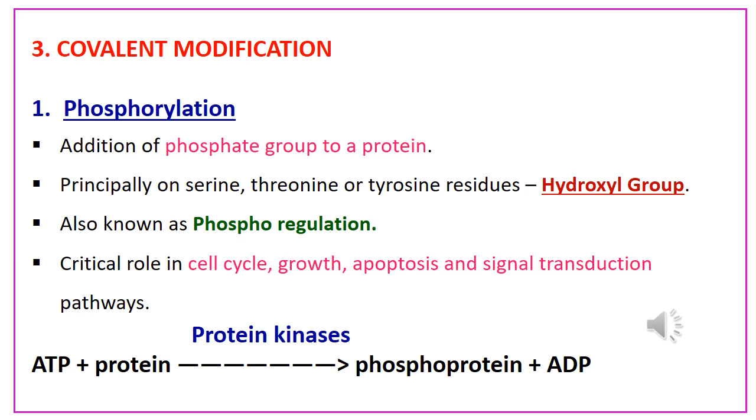It has a critical role in the cell cycle, cell growth, apoptosis and signal transduction pathways. The major reaction is ATP plus protein, by the action of the enzyme protein kinase, to form phosphoprotein and ADP.